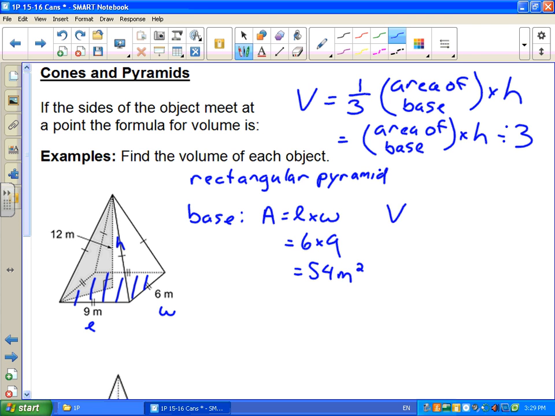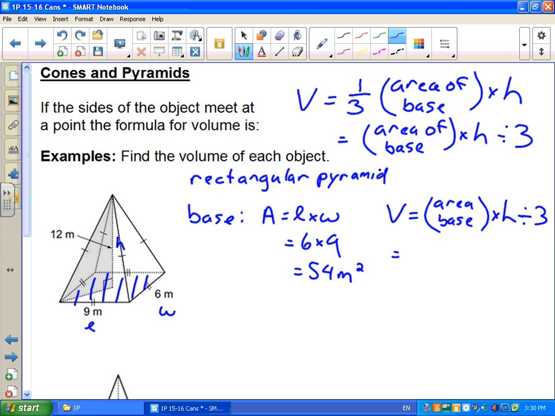So our volume is going to be that area of the base. Let's write up the formula here. Just area of the base times height divided by 3.